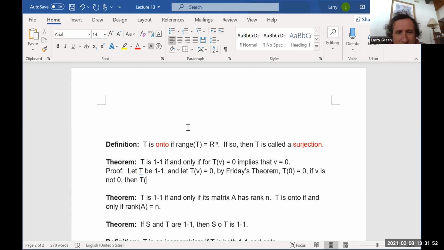So the idea here, if V is not 0, we want to show that T of V is not 0, right? Is that clear? But why must that be true? Well, what haven't I used yet?